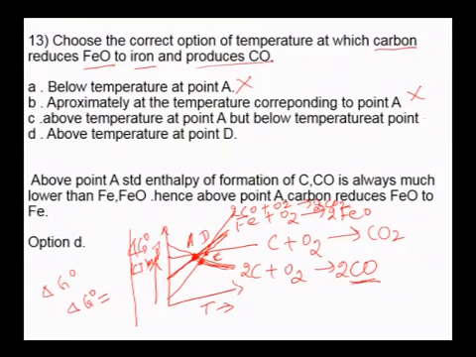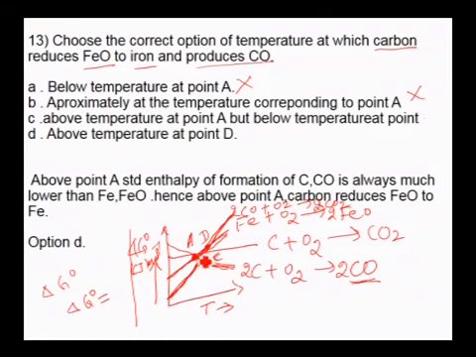The last one is above the temperature at point D. This is the point D. At this point, see this curve, another curve is there, CO intersects the iron oxide line.